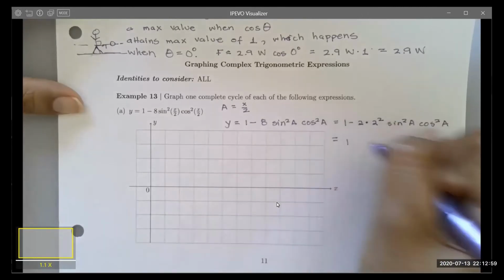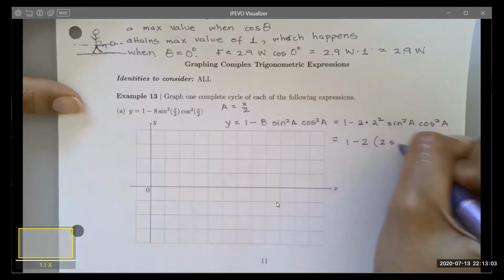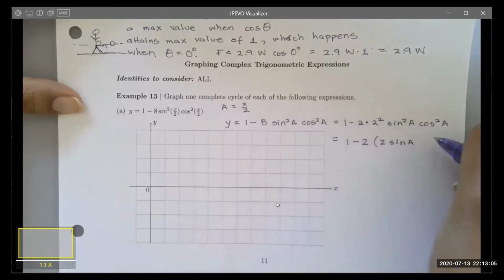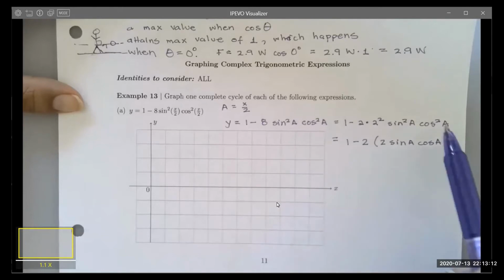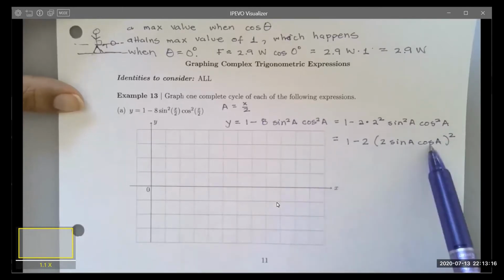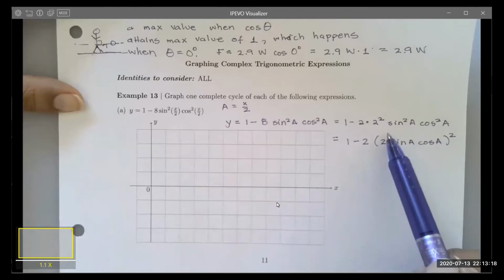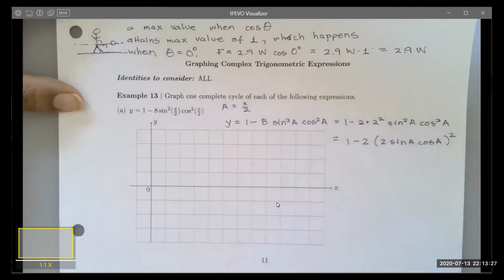Reason being is that now I can write this as 1 minus 2 times 2 sine of a cosine a, and write the square outside parentheses. Remember, we had that power rule that when you take the square of the product of several factors, each of the factors receives a square. So in this case, I'm just taking the square from these 3 factors and pulling it out. Now, why would I want to write it that way?